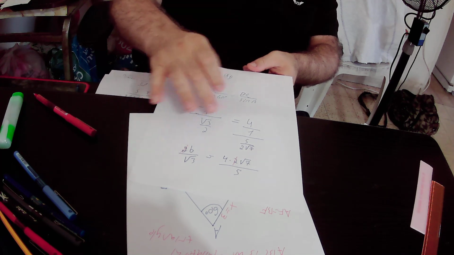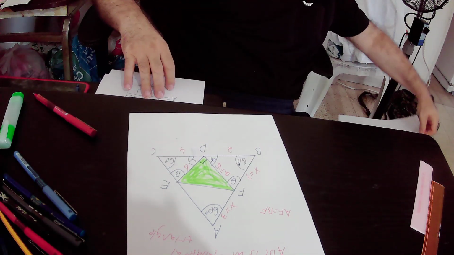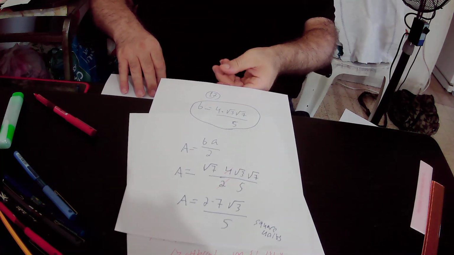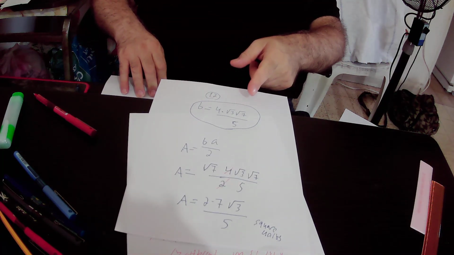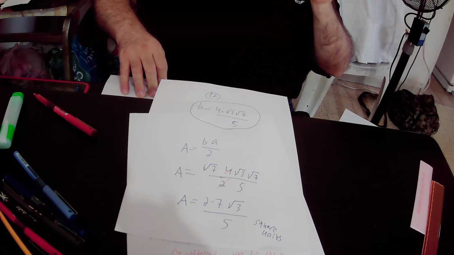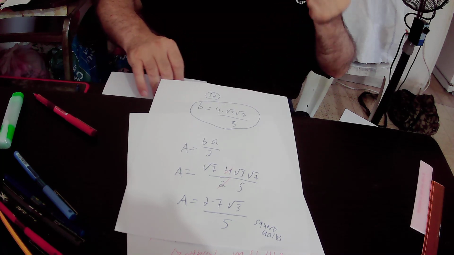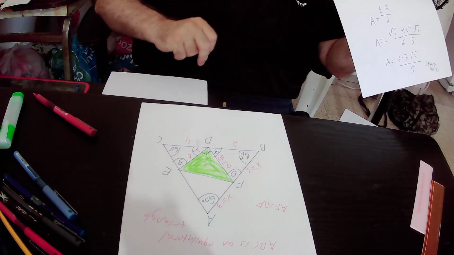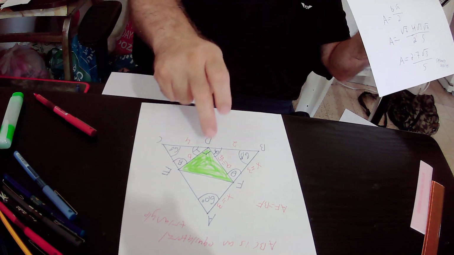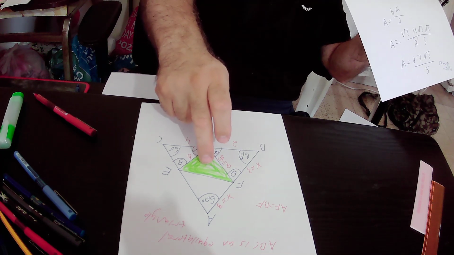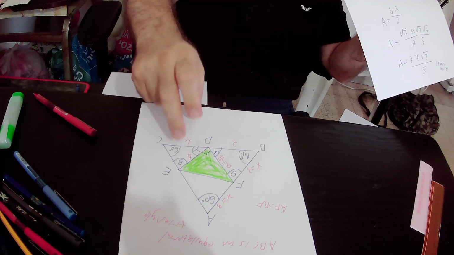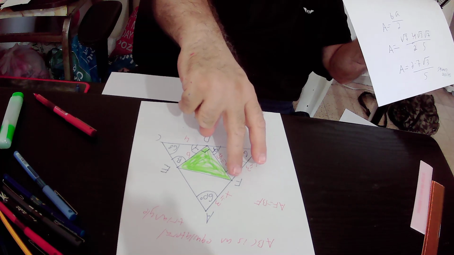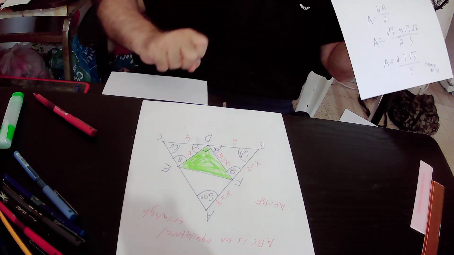We put all the data inside this equality and we found out that the value of B equals to 4 times root of 3 times root of 7 over 5 units, and we have already found out that the value of A equals to the root of 7, and actually the area of the green triangle FDE equals to the base of the triangle, that is B, times the height to the base, that is A, over 2.